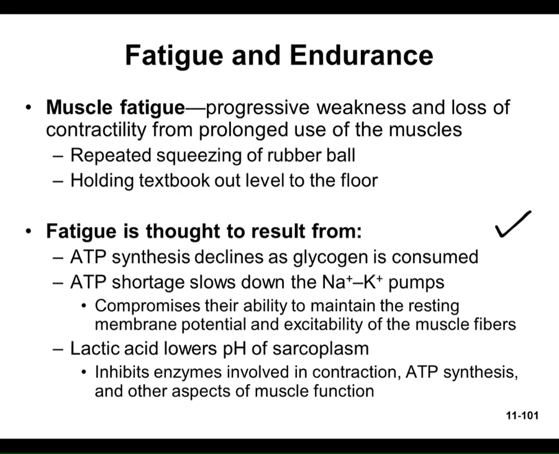Now think about this: if I have a shortage of ATP, I no longer have a sugar source, I've gone through all my glycogen, and I'm no longer making ATP. We've talked about the sodium-potassium pump, a beautiful example of active transport, which means what? It requires energy. It requires ATP. Now, what does that sodium-potassium pump maintain?